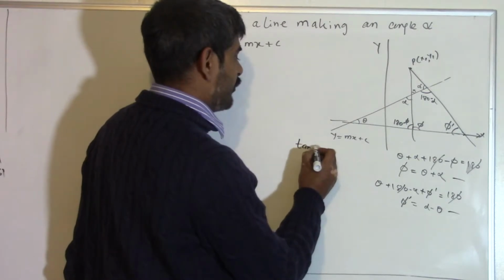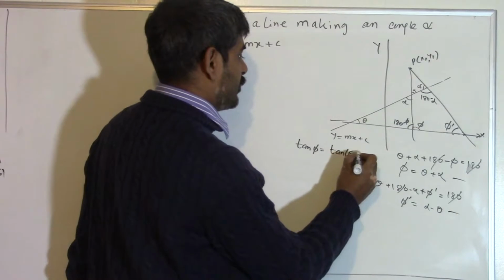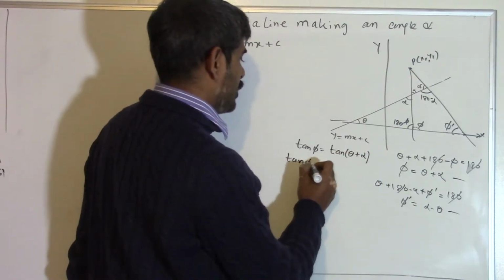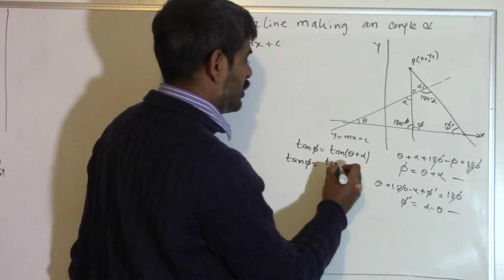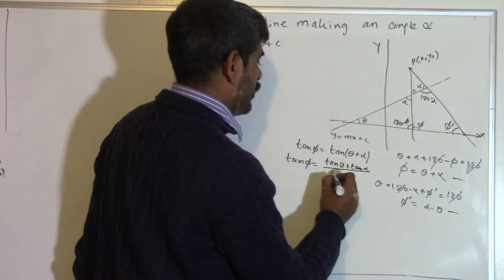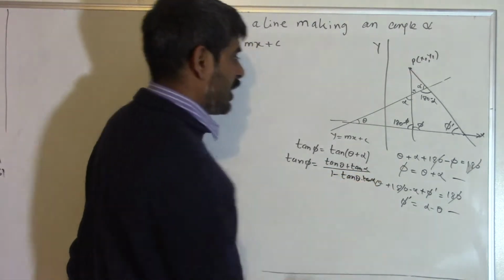Tan phi is equal to tan of theta plus alpha, or tan phi is equal to tan theta plus tan alpha divided by 1 minus tan theta into tan alpha.